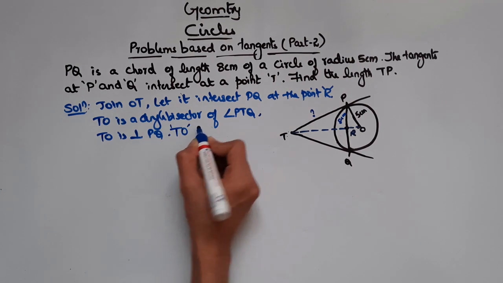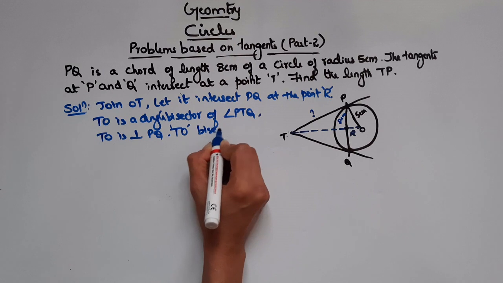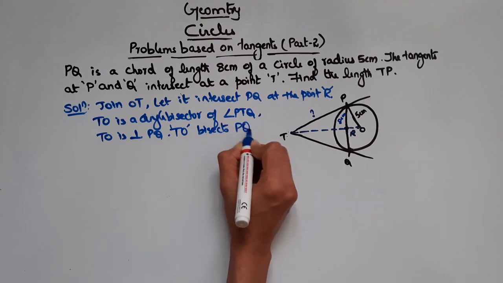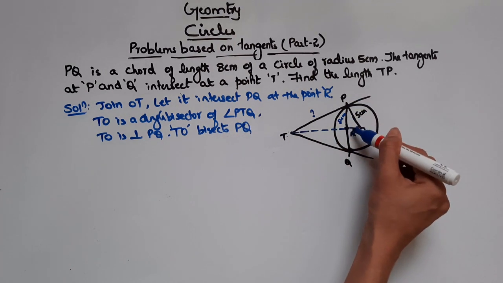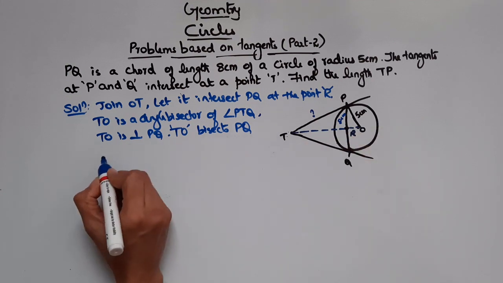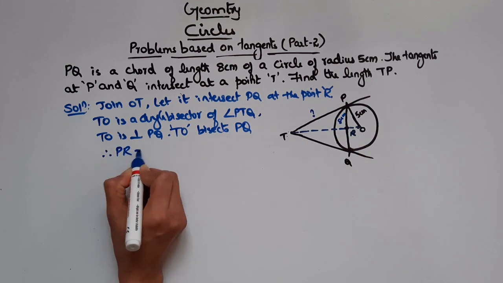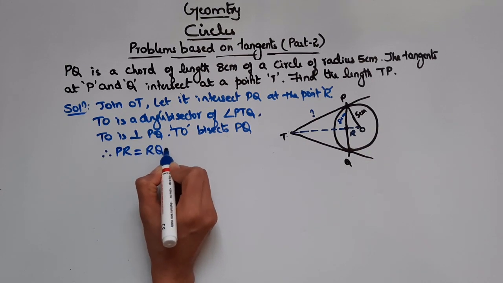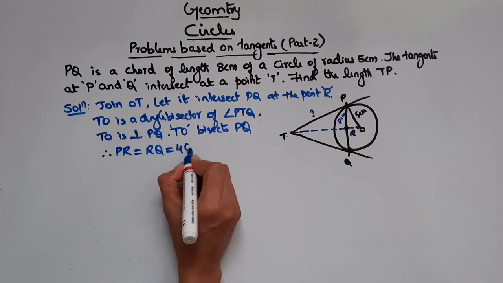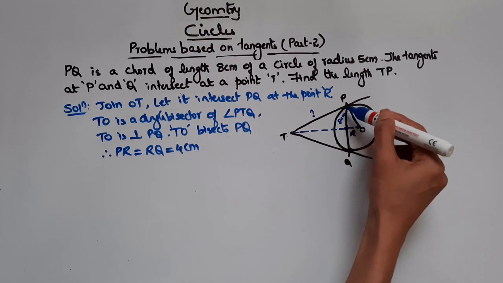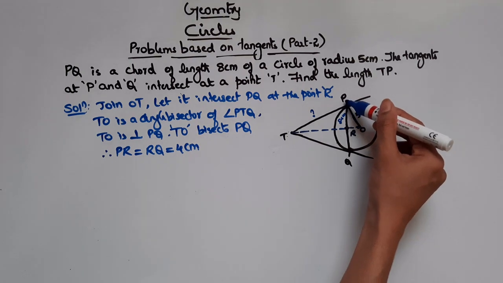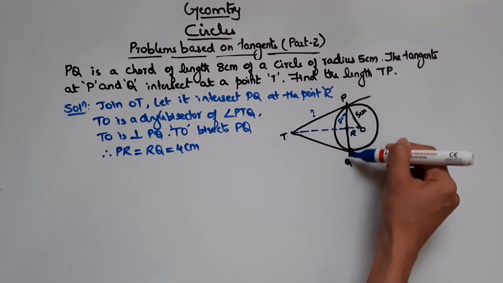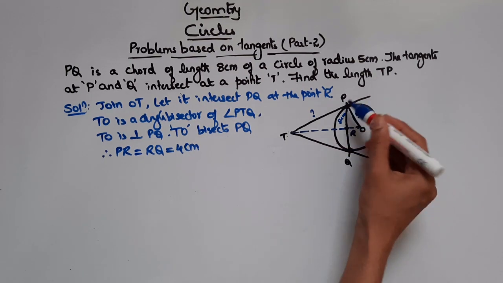TO bisects PQ. So therefore we can say PR is equal to RQ, which is equal to 4 centimeter. That is, 8 centimeter is divided equally. That means PR is 4 centimeter and RQ is 4 centimeter. Together it is 8 centimeter.